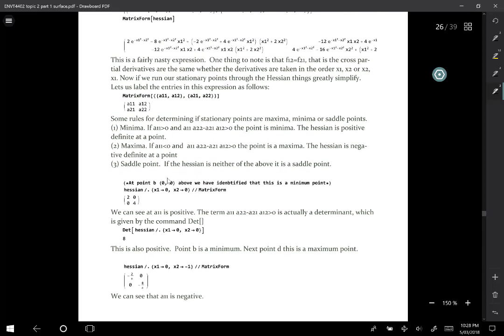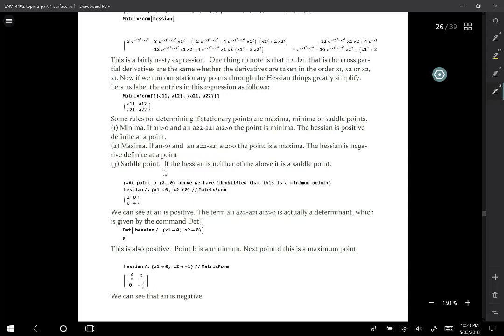Now there are some recipe book rules. If this is the Hessian here, where we're representing the partial derivatives by a's, then we get a11, a22, a21, a12. For a minima, if a11 is greater than 0 and a11 a22 minus a21 a12 is greater than 0, the point is a minima. If it's a maxima, then the signs alternate. The first one is negative and the second one is positive.